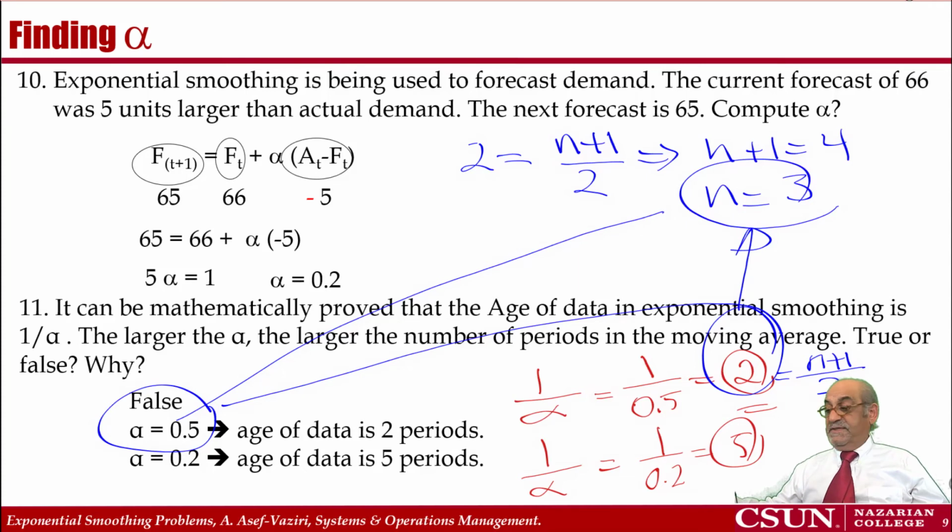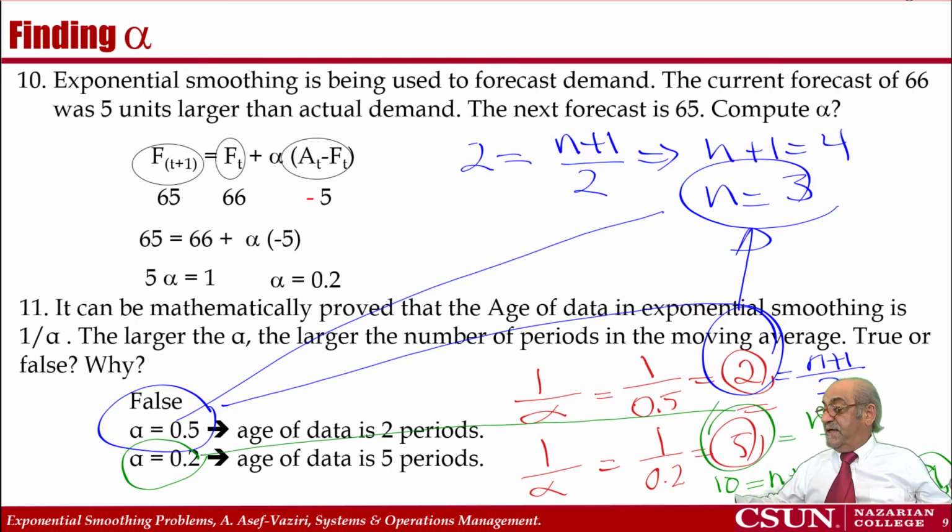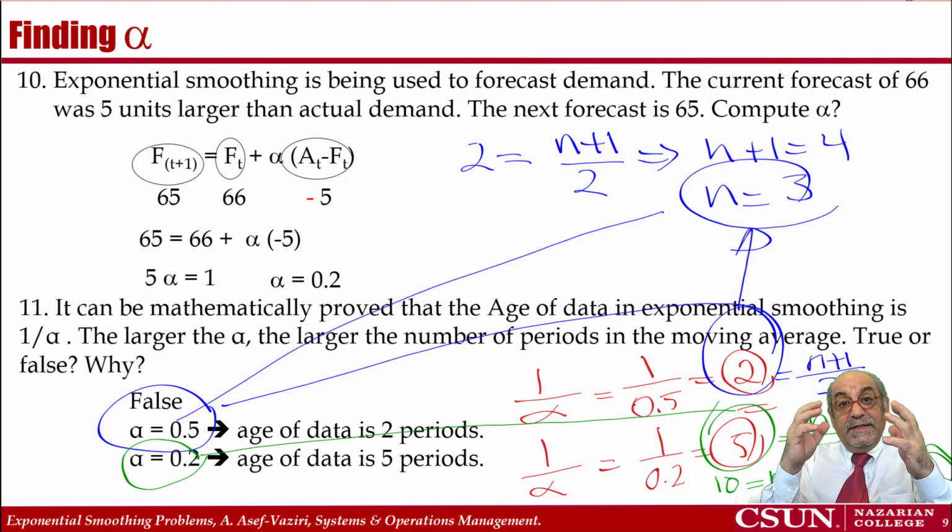If age of data is equal to 5, that is equal to n plus 1 divided by 2, that is 10 equal to n plus 1, and that is n equal to 9. If alpha is equal to 0.2, the average age of data is 5, and that is equivalent to the 9-period moving average.